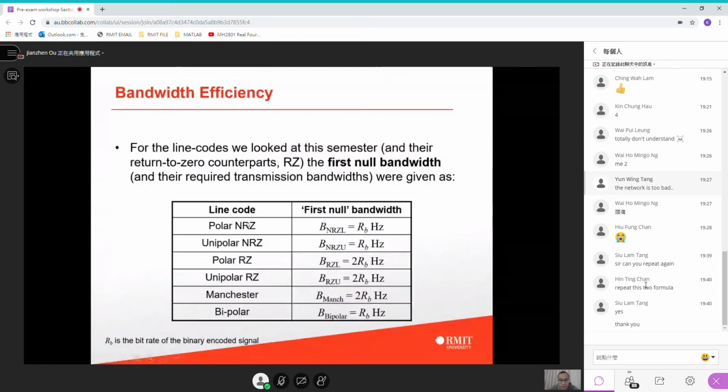For NRZ, non-return to zero, polar NRZ and unipolar NRZ, no matter whether it is polar or unipolar, the first null bandwidth is always equal to the bit rate for baseband signals. For RZ, return to zero, it is always equal to 2 times the bit rate. So this is the major difference, and this is also a trend worth understanding.